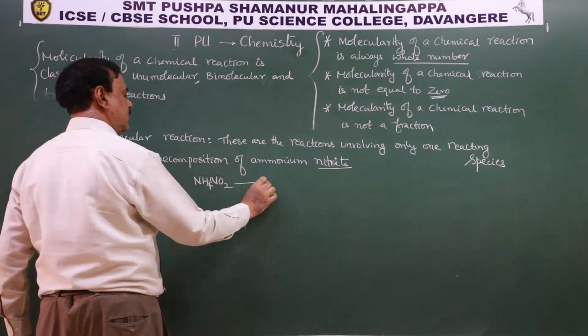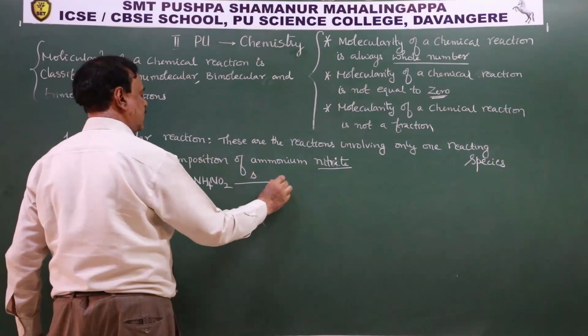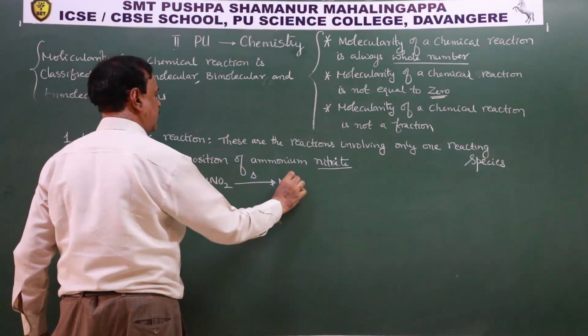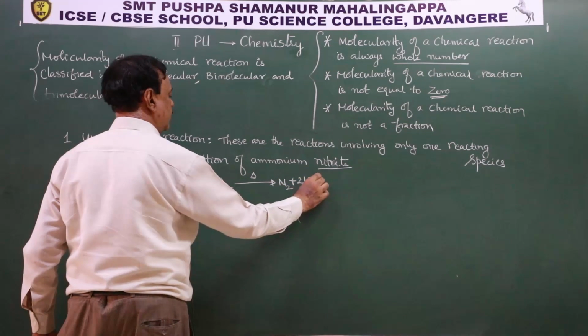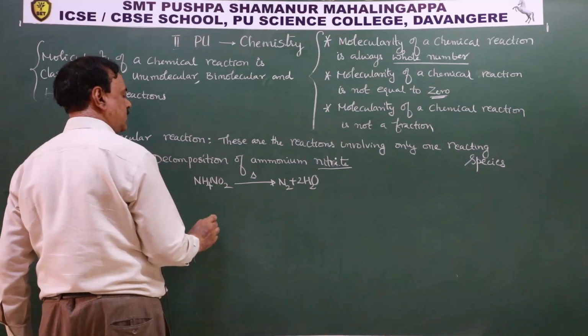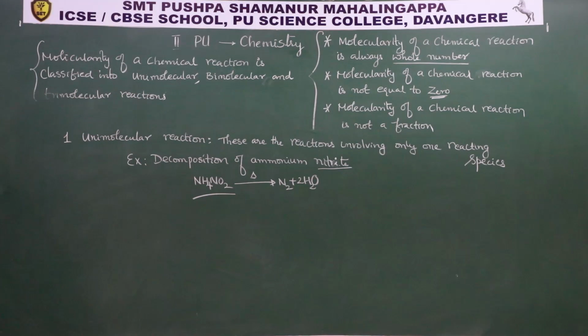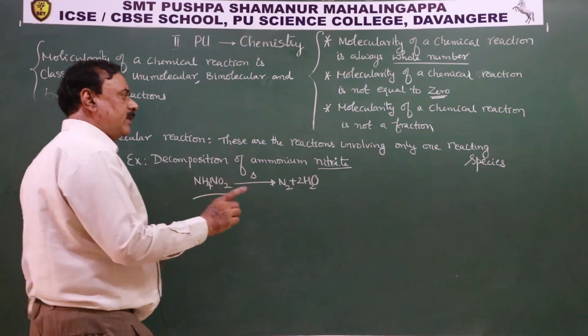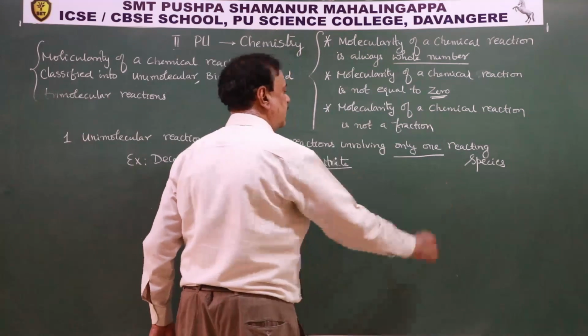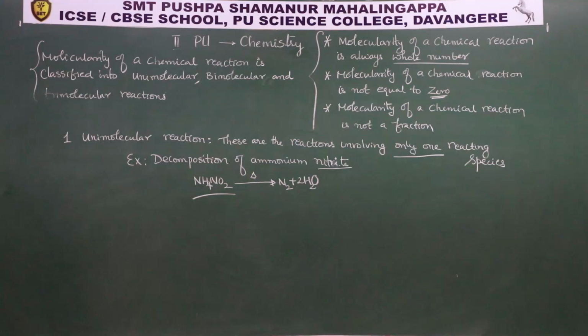On heating, it gives rise to N2 plus 2H2O. These are the reactions involving only one reacting species. The decomposition of ammonium nitrite is an example of a unimolecular reaction.